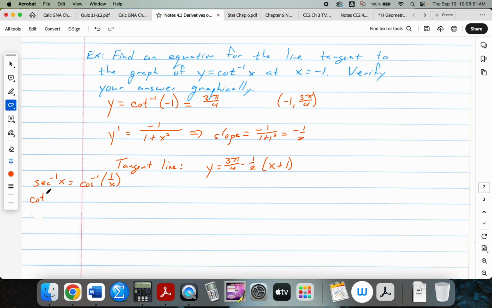And before you think, oh, well, they'll all follow that pattern, so it'll be easy, no. The cotangent inverse of x is pi over 2 minus the tangent inverse of x. And then the cosecant inverse of x is, again, like the secant inverse one. It's the sine inverse of 1 over x.